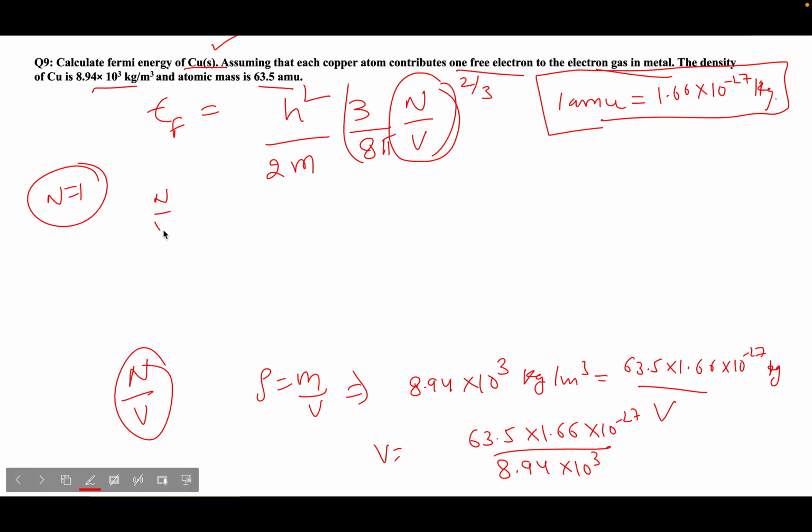So N by V is equal to 1 by 63.5 into 1.66 into 10 to the power minus 27, and this goes up with the density 8.94 into 10 to the power 3. So this is N by V, the number of atoms per meter cube.